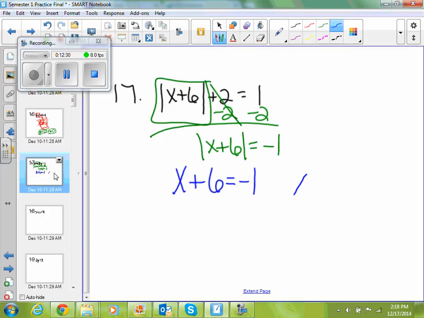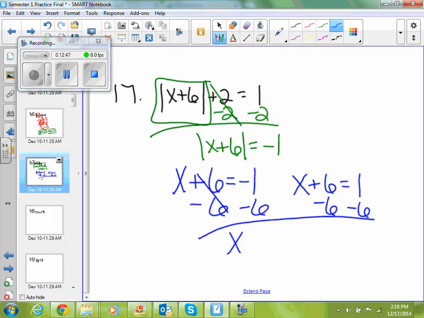X plus 6 equals positive 1. So how do I finish solving that then, Niles? Minus 6. Okay, negative 1 minus 6 is? Negative 7. 1 minus 6 is? Negative 5.